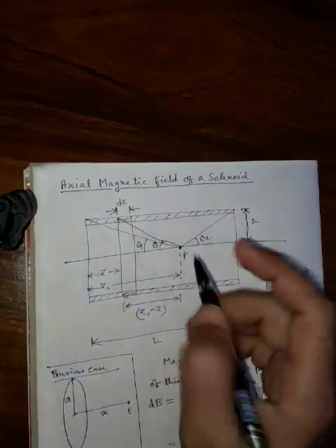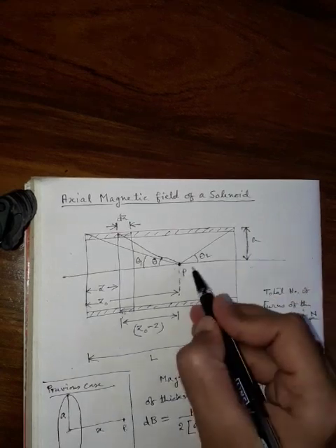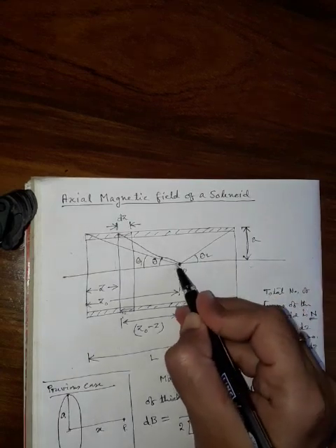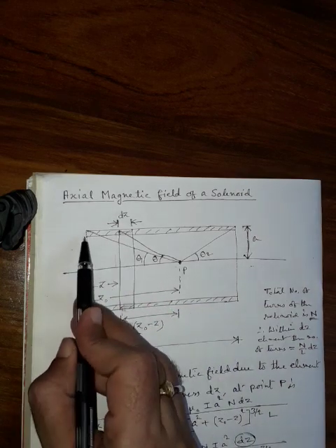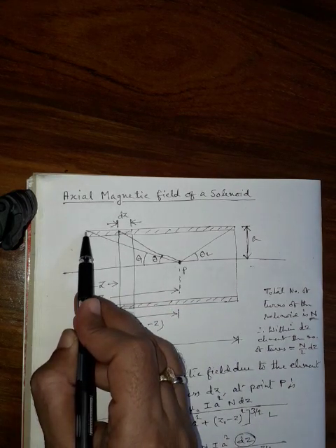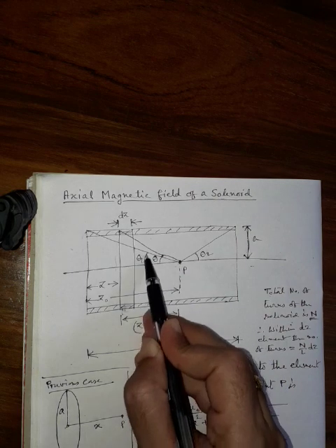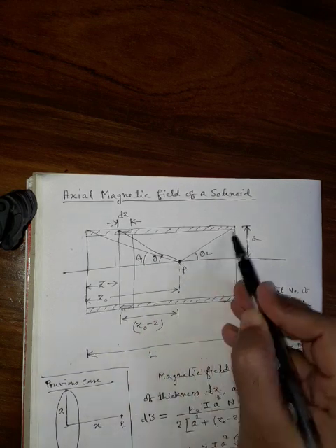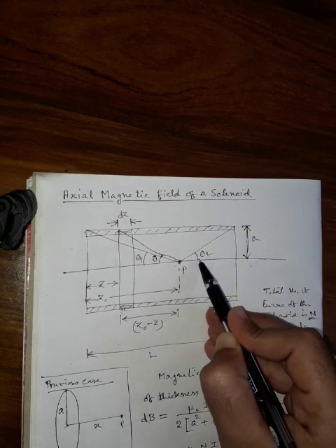Now again come back to the main figure. Look, this angle is theta 1. Which angle? From the first end of the solenoid to the point P. This is the angle theta 1, and at this end, the next end, this angle is theta 2.